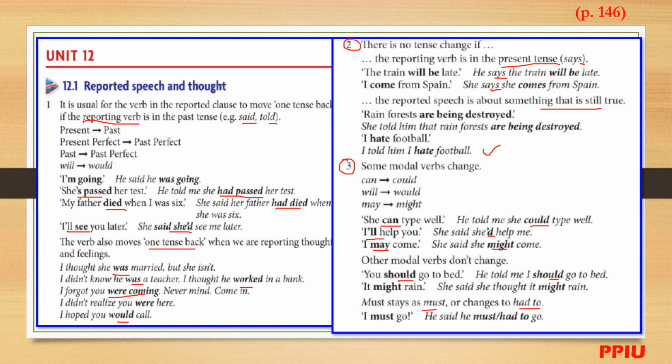Might is still might. Must can stay the same or change to had to. I must go. He said he must or he had to go. So for must, it can change or stay the same or change to had to, right?